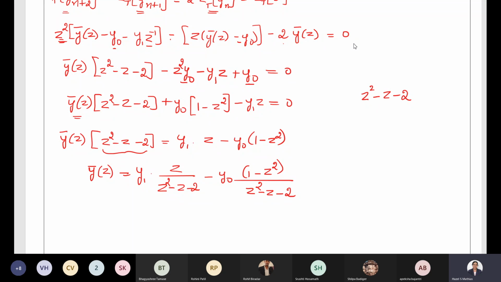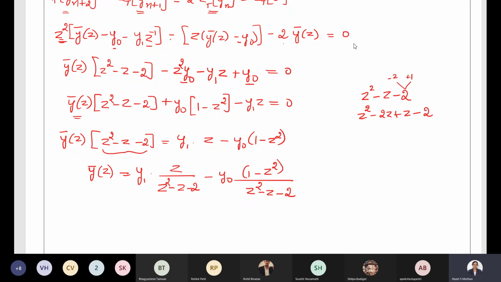Can we simplify this? Minus 2 can be written as minus 2 into plus 1. Correct? Hope you all know how to find the roots. Minus 2 is a multiple of minus 2 into plus 1, and minus 2 plus 1 is minus z. So I can split this as z square minus 2z plus z minus 2. Do we get the same equation?